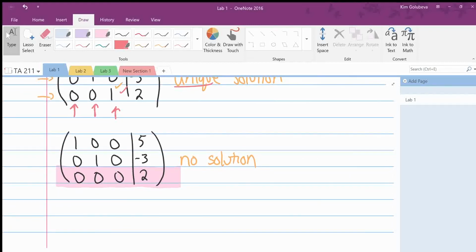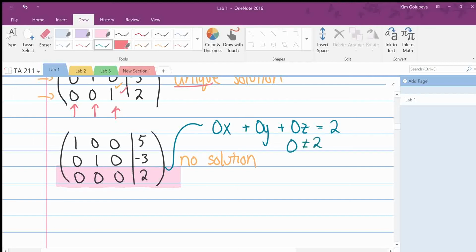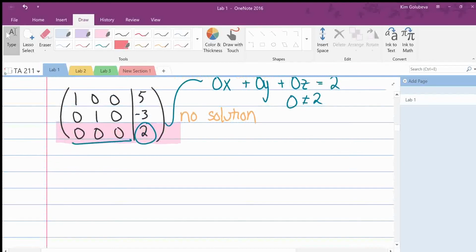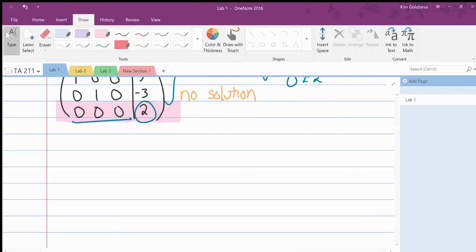So if we think back to what it actually means to solve a system, what you're essentially saying is 0x plus 0y plus 0z equals 2, which logically doesn't work, right? So 0 cannot equal 2, so therefore there's no solution in this matrix. So whenever you see a row of zeros equaling a number, you know that particular system of equations has no solution. So that's another thing you can look out for.